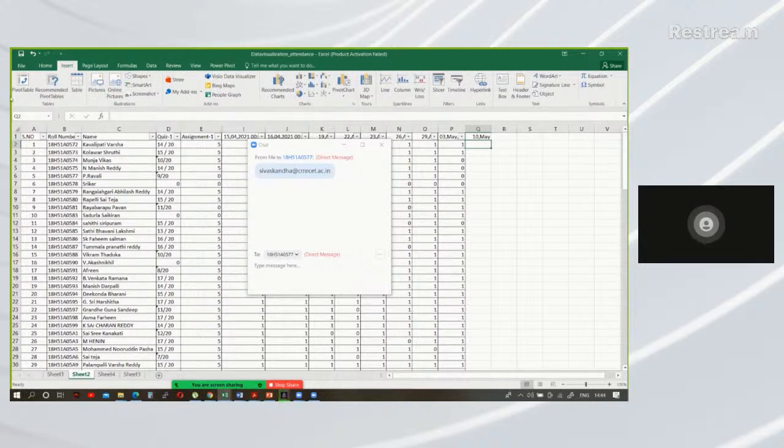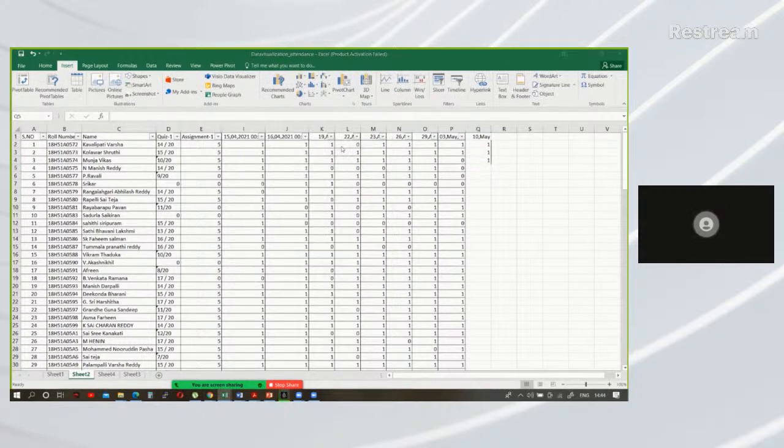So please respond your attendance. 72, present, sir. 73, present, sir. 74, present, sir. 75, present, sir. 78, present, sir. 79, present, sir. 80, present, sir. 81. 83, present, sir. 84, sir, she has an exam, sir.